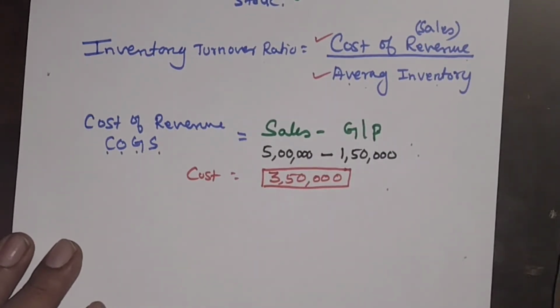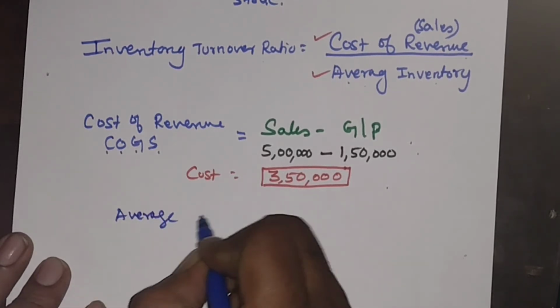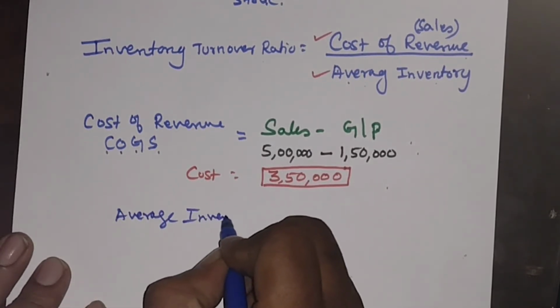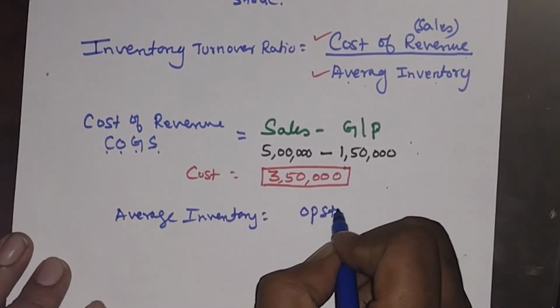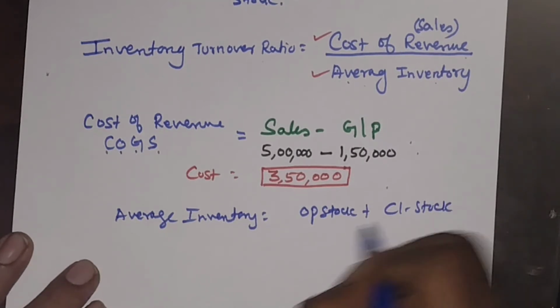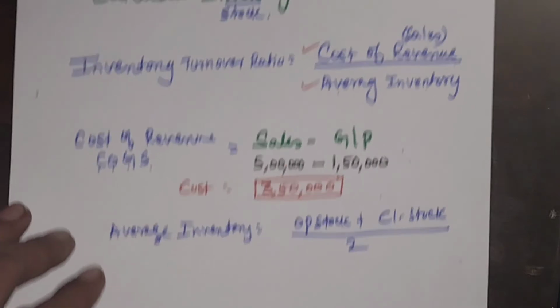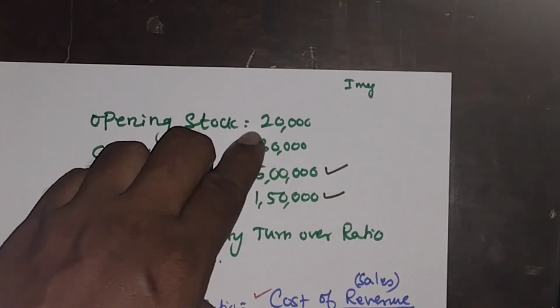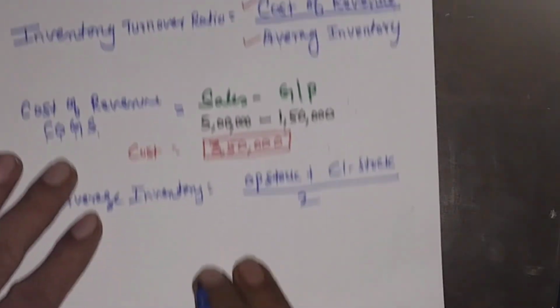Now we have to find the denominator, average inventory. Average inventory is equal to opening stock plus closing stock whole divided by 2. The opening stock given in the problem is 20 and closing is 30.